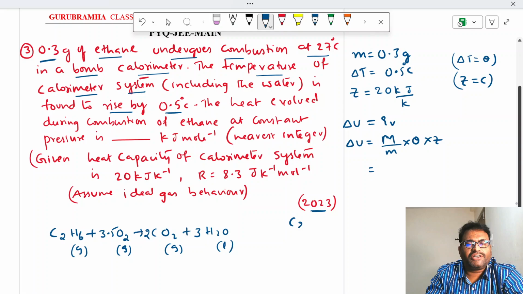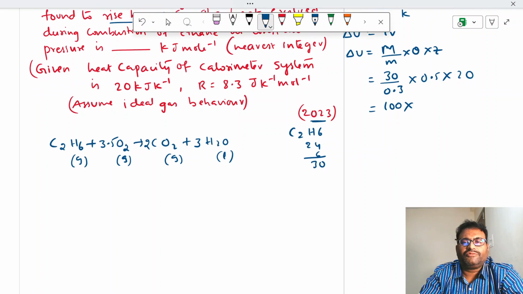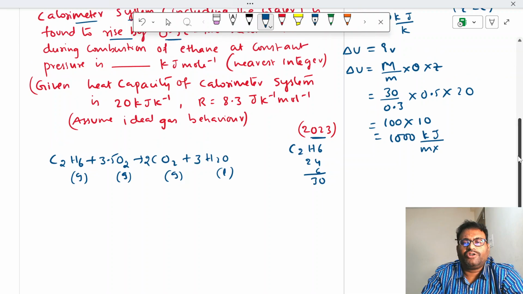C2H6 is 24 plus 6, that is 30. Molar mass of C2H6 is 30, by 0.3, into theta 0.5, into Z given 20 kilojoules, that is equal to 100 into 0.5 into 20, which gives you 10, equal to 1000 kilojoule per mole.